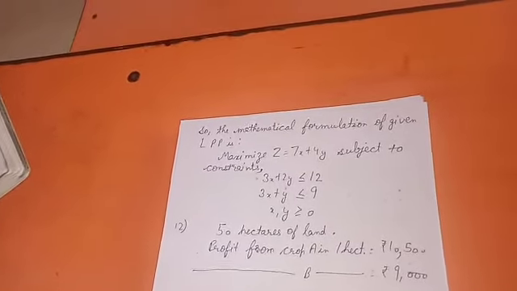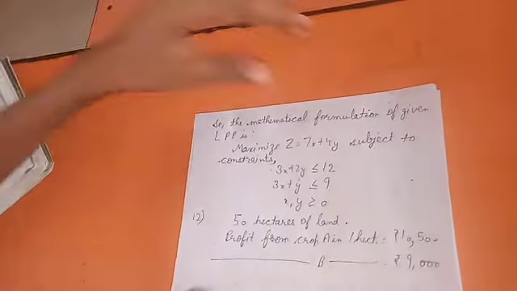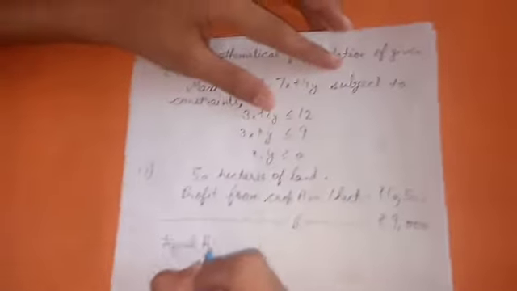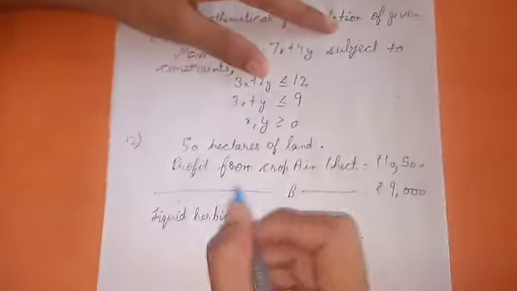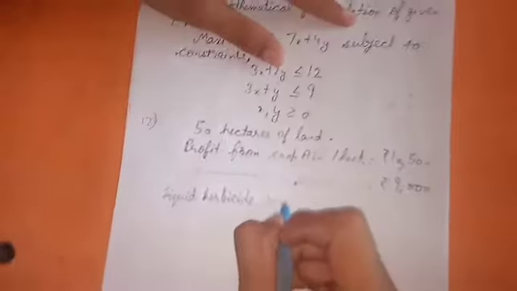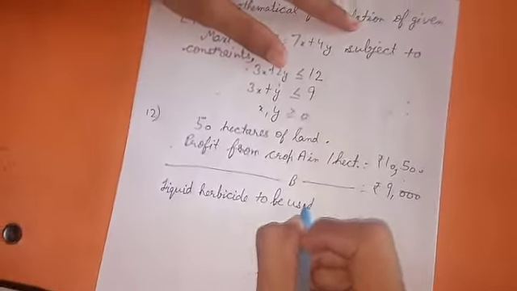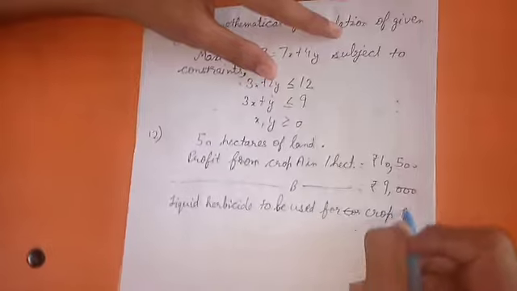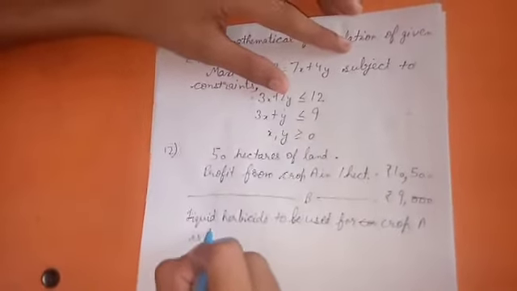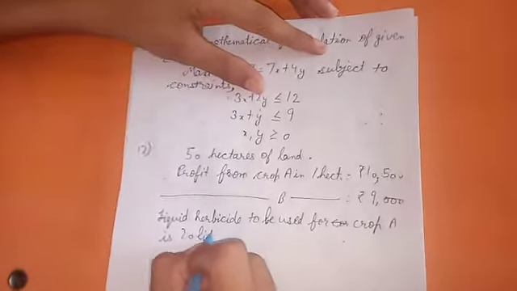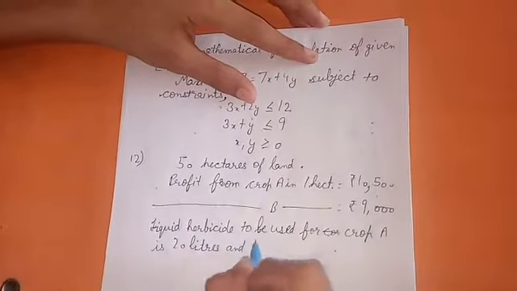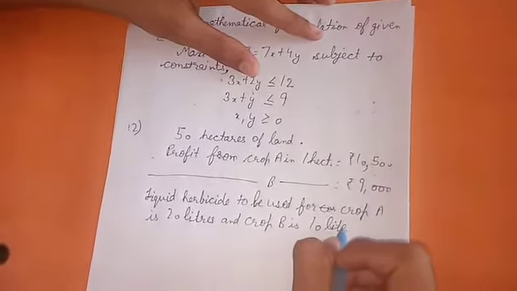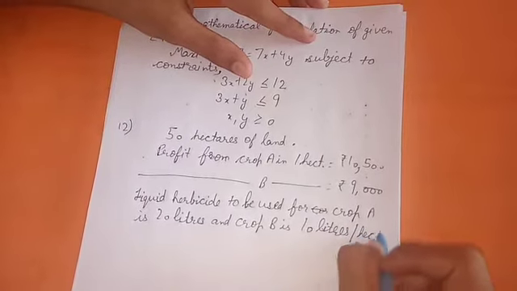So liquid herbicide to be used for crop A is 20 liters and crop B is 10 liters per hectare.